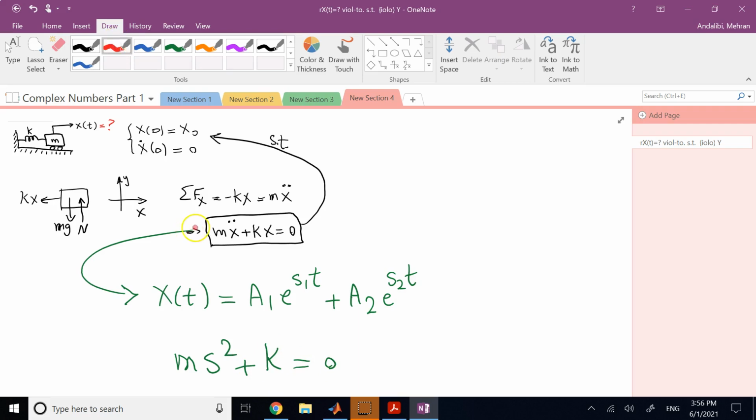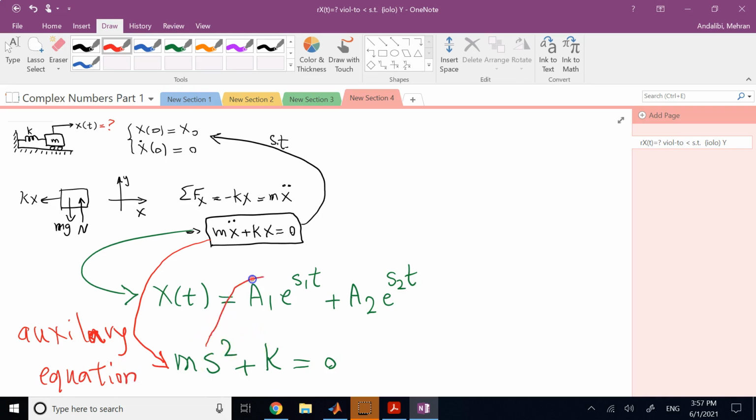So you form what you call the auxiliary equation or the characteristic equation. And the roots of this are S1 and S2.